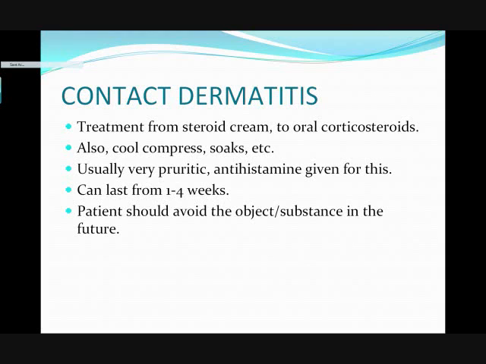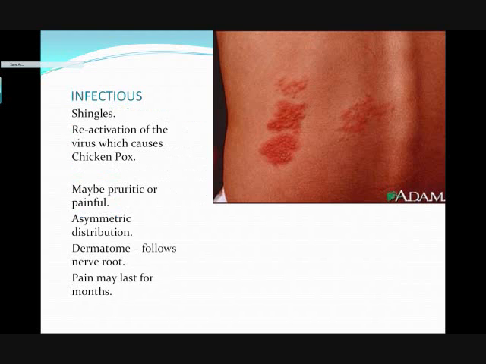Benadryl or other antihistamines can be given for this if it's causing some itching. Any type of contact dermatitis can last 1 to 4 weeks. And common sense, they should avoid whatever object, if they know what it is, or substance that is causing the contact dermatitis, whether it be tomatoes or laundry detergent.